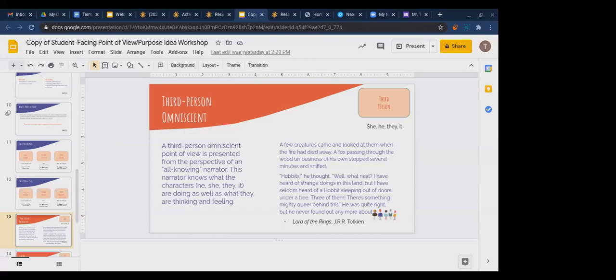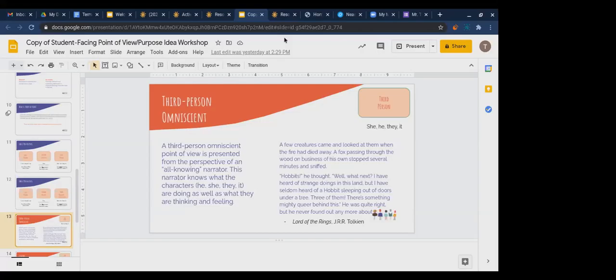What do we think? Does the narrator tell us how the fox thinks or feels here? Oop. Let's see, something just popped up in the chat. Let's read it again. So he says no. Let's look at it again real quick.